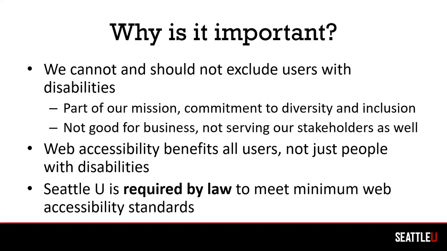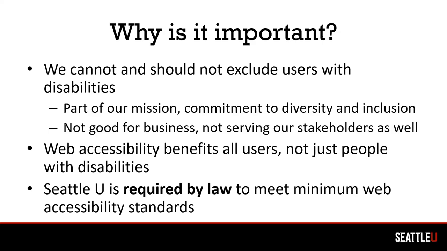So why is accessibility important? For Seattle University, as a mission-driven institution that's focused on social justice, we cannot and should not be excluding users with disabilities from being able to access our content, whether that's our website or our social media. It's part of our mission. It's part of our institutional commitment to diversity and inclusion.